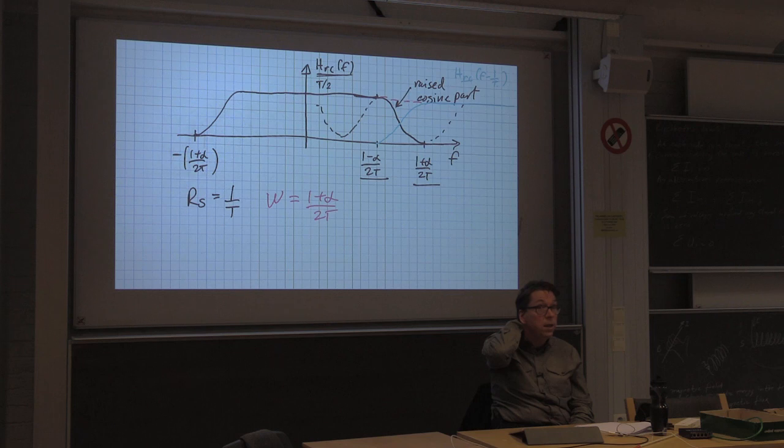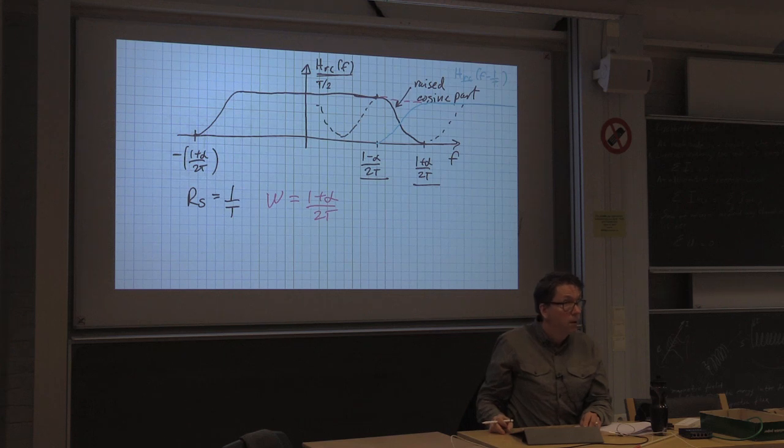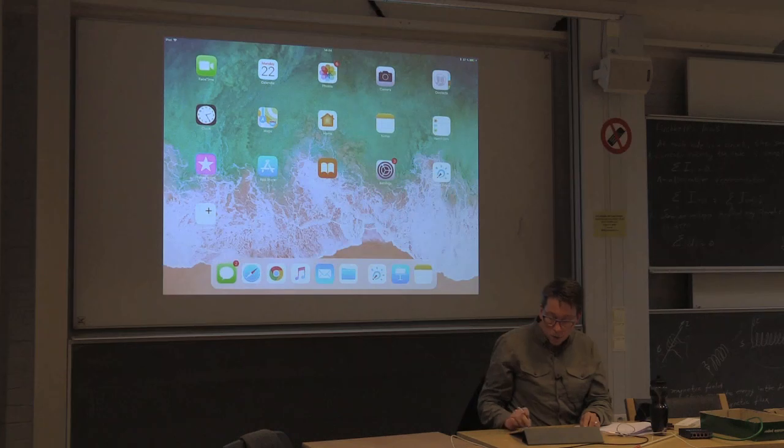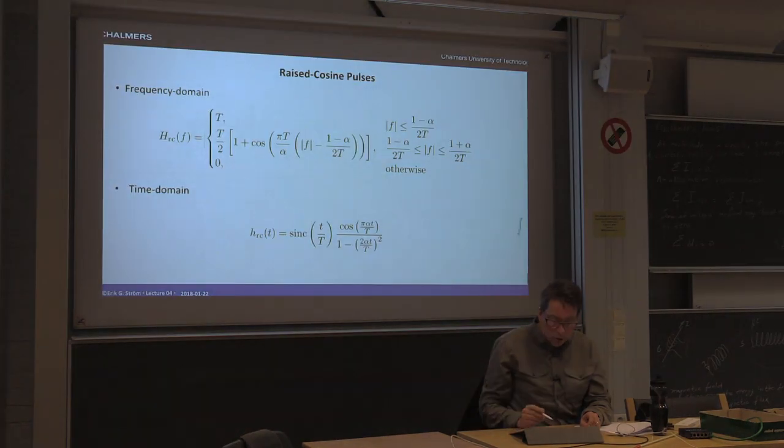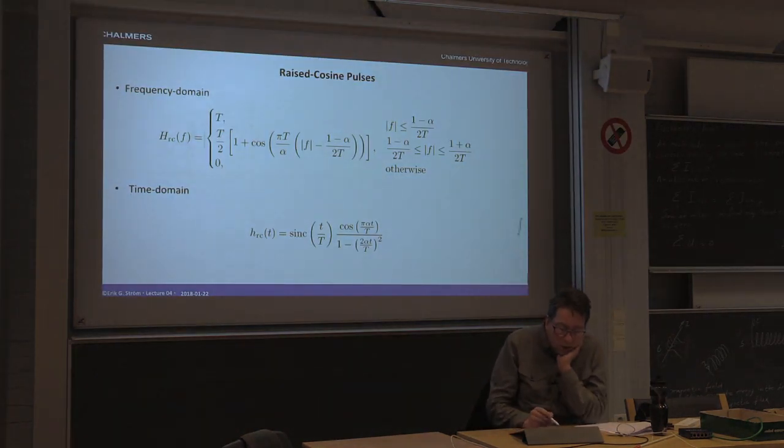So this will indeed give us intersymbol interference-free transmission. Questions? Okay. Going back to the equations, we see here the raised cosine, the constant part, and then the cosine part. You can check yourself that everything works here.